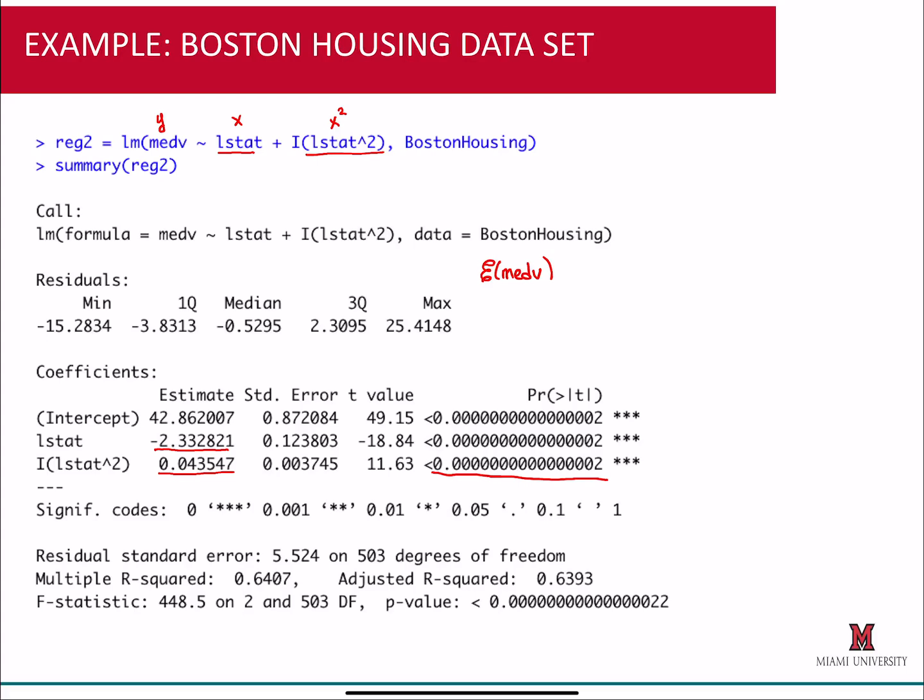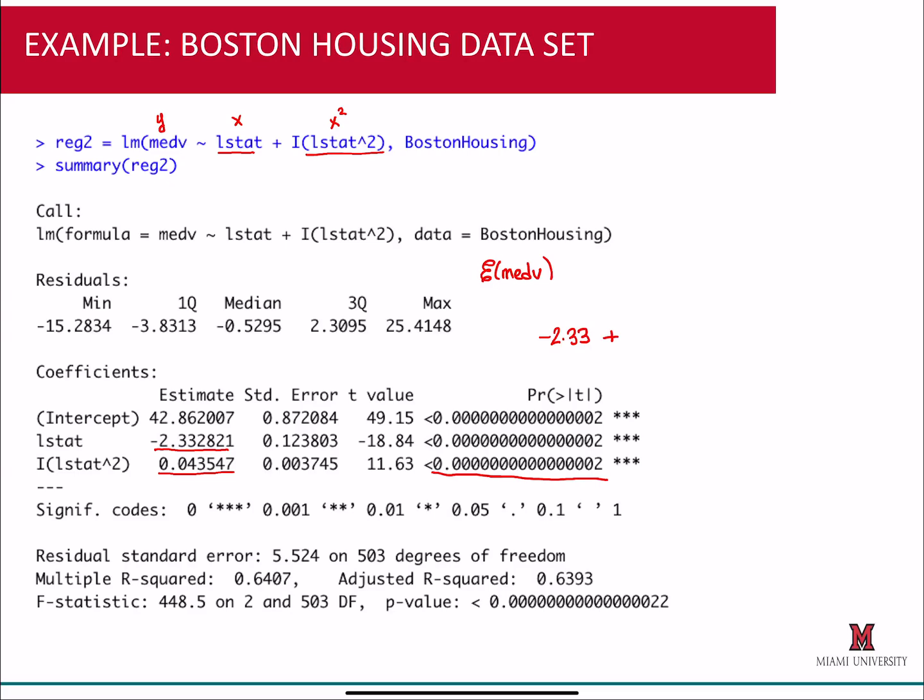Well, that change is going to be actually minus 2.33. So if we increase lower status percentage by 1, this is going to change by that. It's going to decrease the median home value by about $2,000.